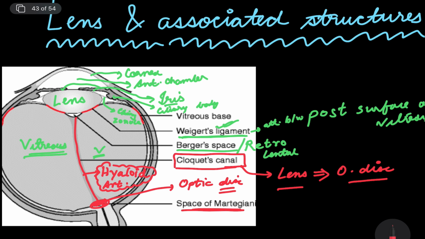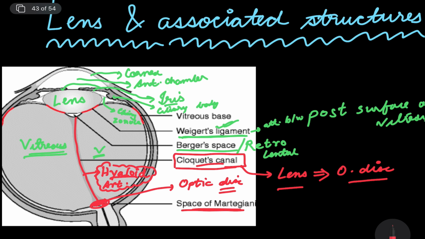Actually, I'm not contradicting myself, because at least this structure, the hyaloid artery and the Cloquet's canal, are present only during our embryogenesis and a few months of gestation. When we grow, these structures disappear.